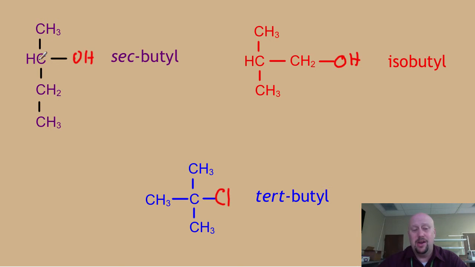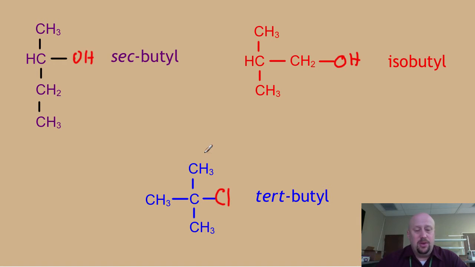It's called a secondary carbon because it is attached to 2 other carbons. If it was attached to 1 other carbon, it would be a primary butyl, okay? And that would obviously make it on the end. That would be what we call normal butyl or N-butyl alcohol. Okay, so sec-butyl, secondary, means that it's attached to a carbon that has 2 other carbons hanging off of it. It has to be a 4-carbon chain because it's butyl.